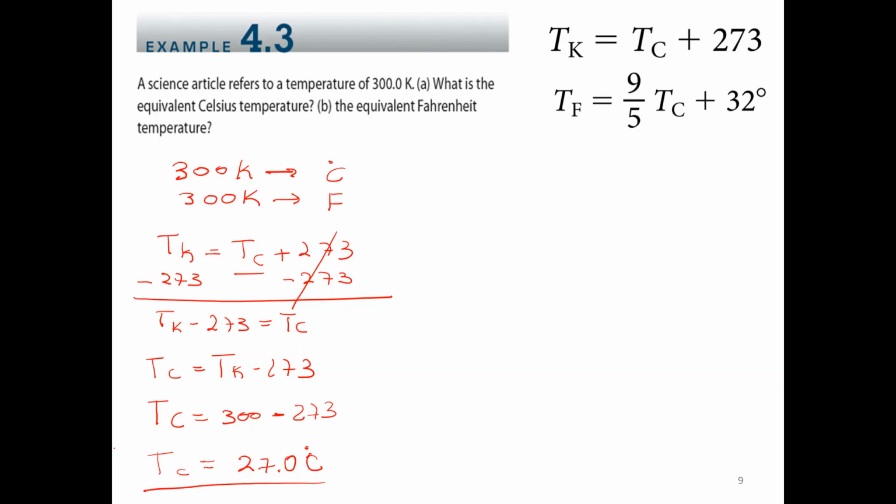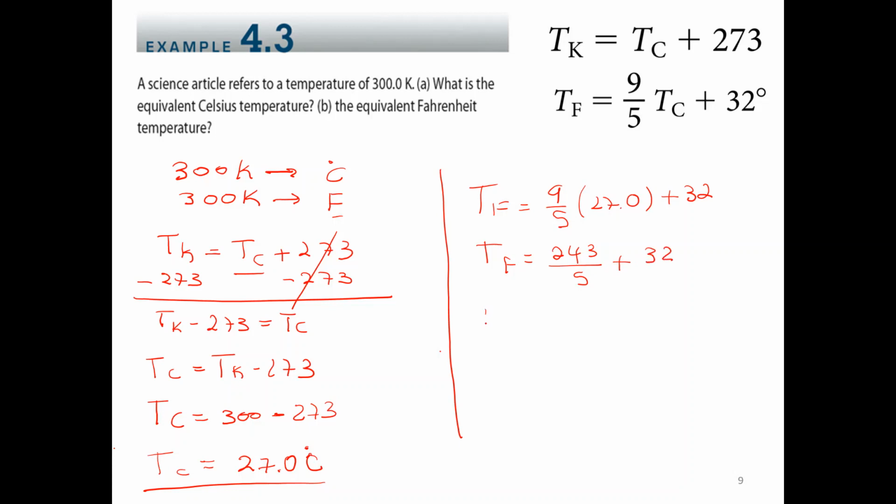Now we want to convert into Fahrenheit, then we will use the second equation, and it will be this one. This is 9 over 5 times 27, plus 32. In this case, we need to multiply 27 times 9, which is 243, divided by 5. First multiply, then we add.